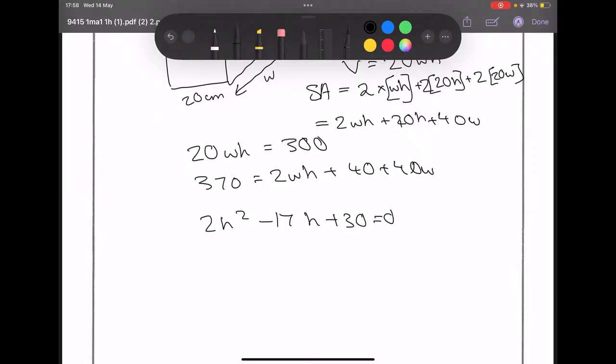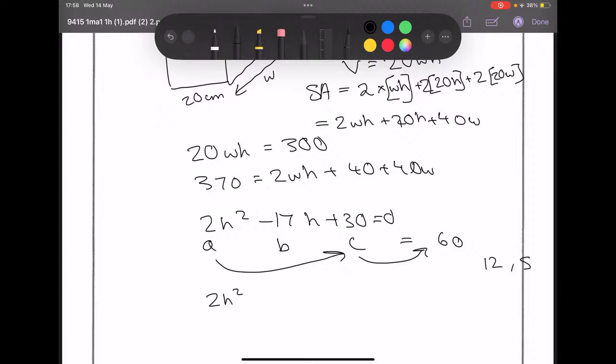Now from here, using the factorizing method, 2 times by 30, so this is the a, b and c term, a times c equals 60. 2h squared, and now we have 17. Now we need to think which factors of 60 add to give us 17. Straight away what comes to our mind is 12 and 5.